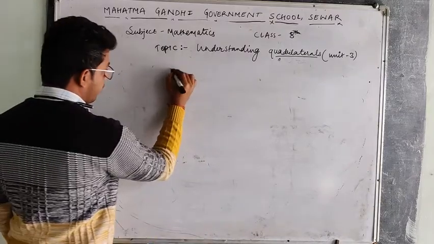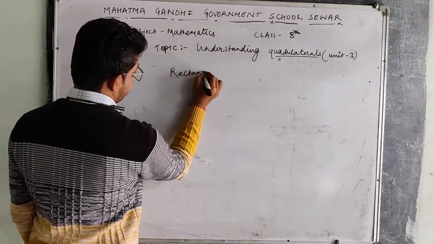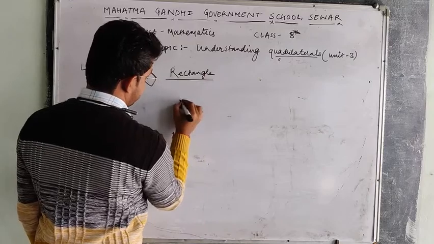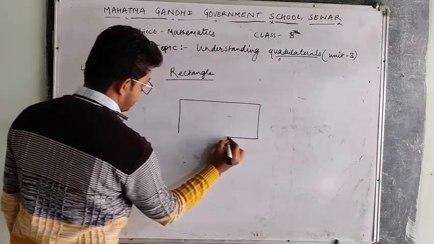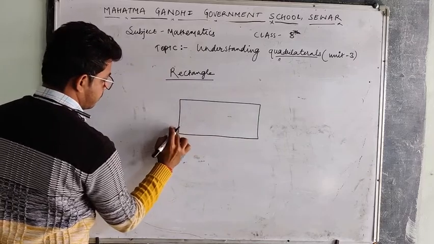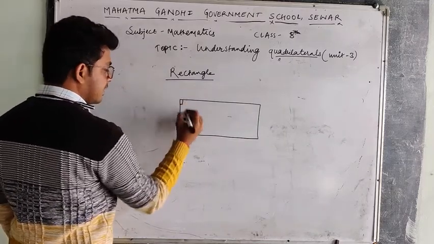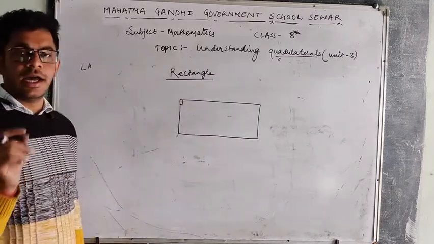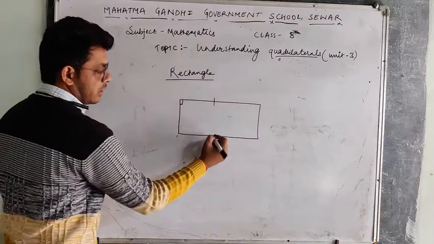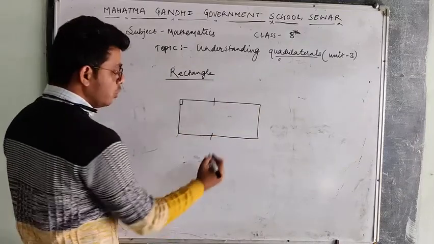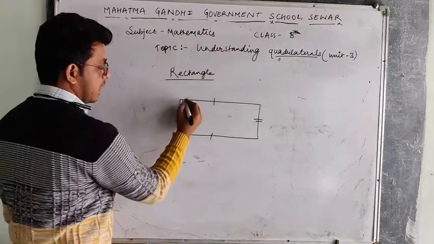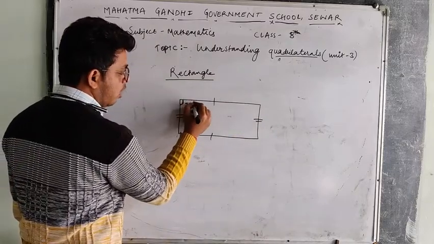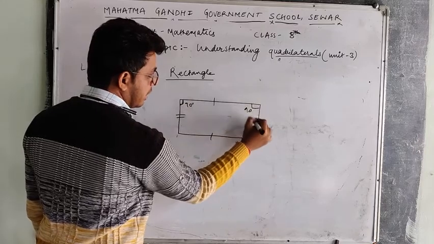Now we will talk about rectangle. Rectangles have opposite sides equal. This side will be equal and parallel to this side, and this side will be equal and parallel to this side, and all angles are of 90 degrees.